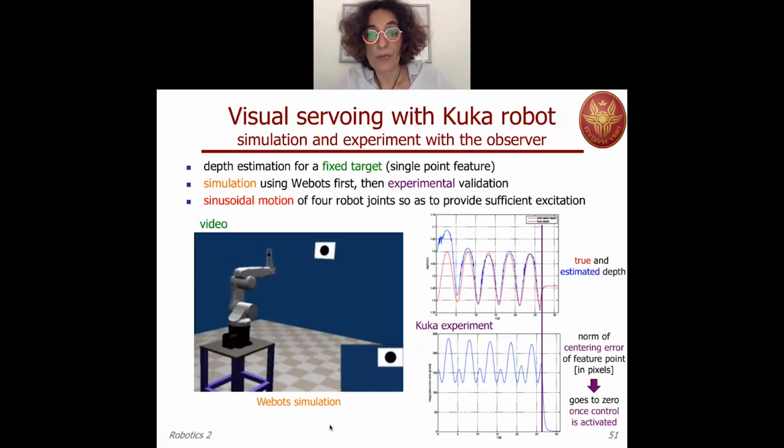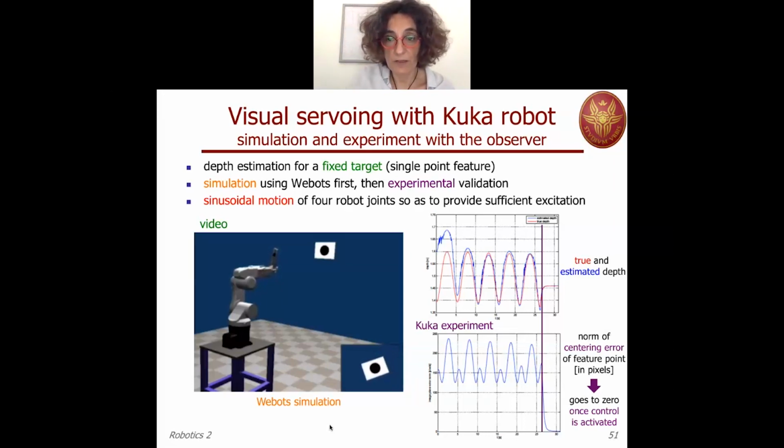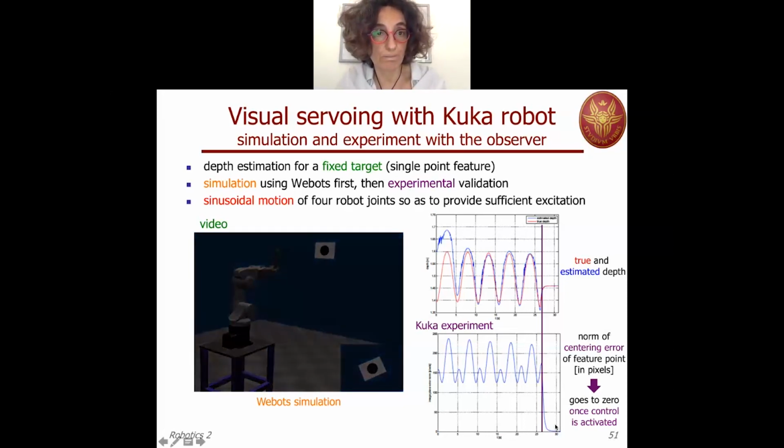And then once the estimation of the depth converges to the real value, the error in the image plane is driven to 0 through visual servoing. So we will see this, and this corresponds to the last part in the plots.